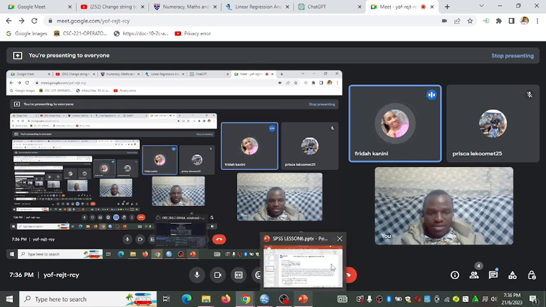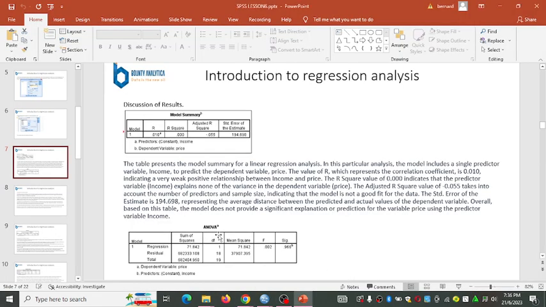So let's continue. This is the ANOVA table. We have the sum of squares due to regression, degrees of freedom, mean of squares, and I want you to concentrate on the significance value. Here we have 0.966.